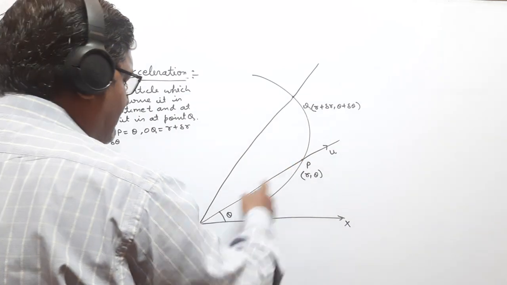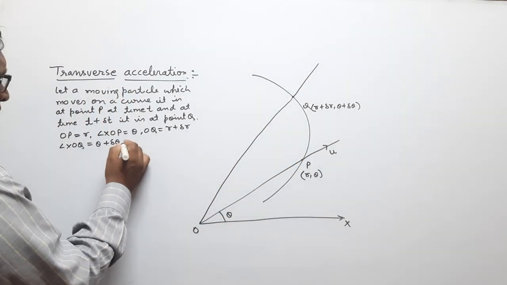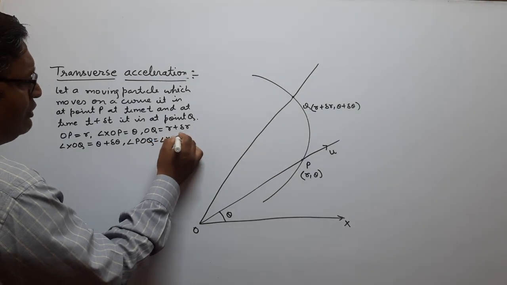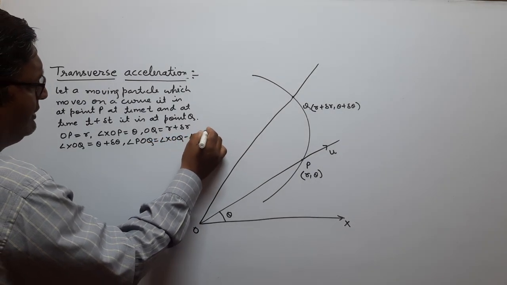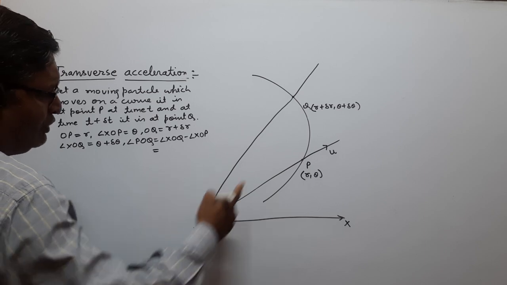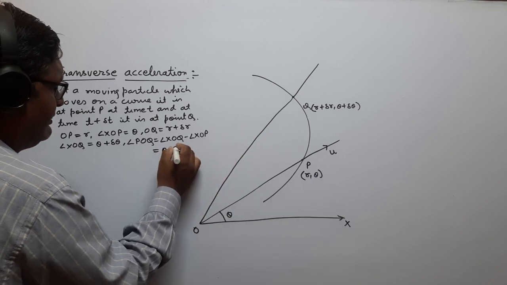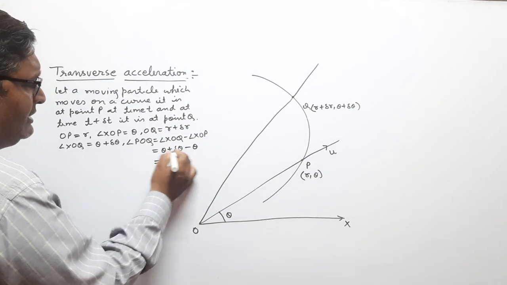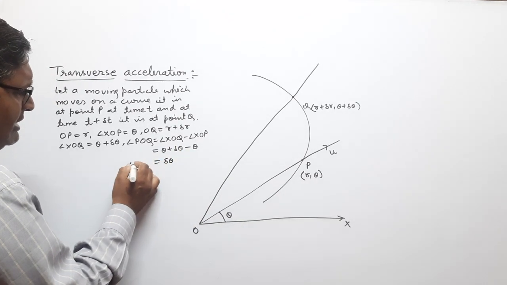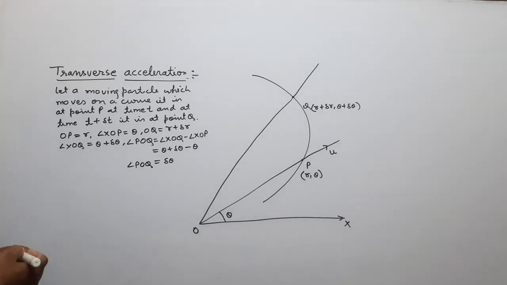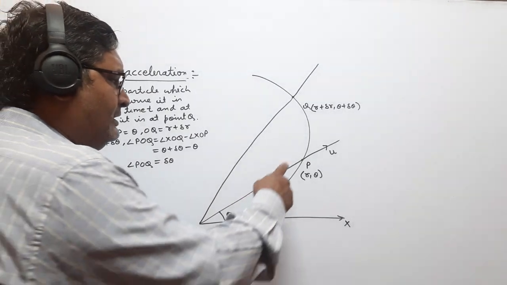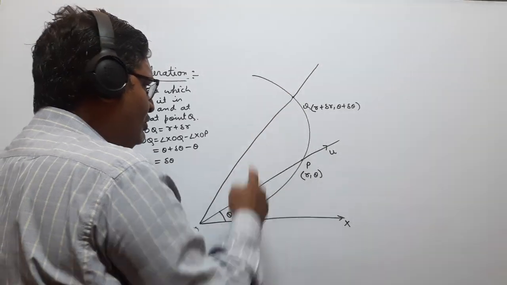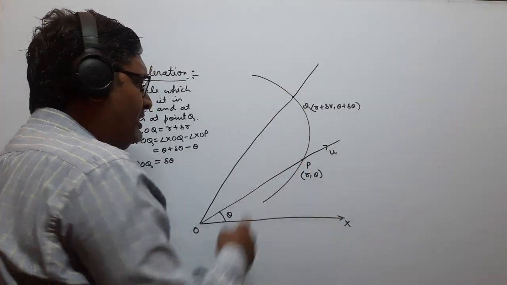Now we find the angle POQ. So angle POQ is equal to angle XOQ minus angle XOP.